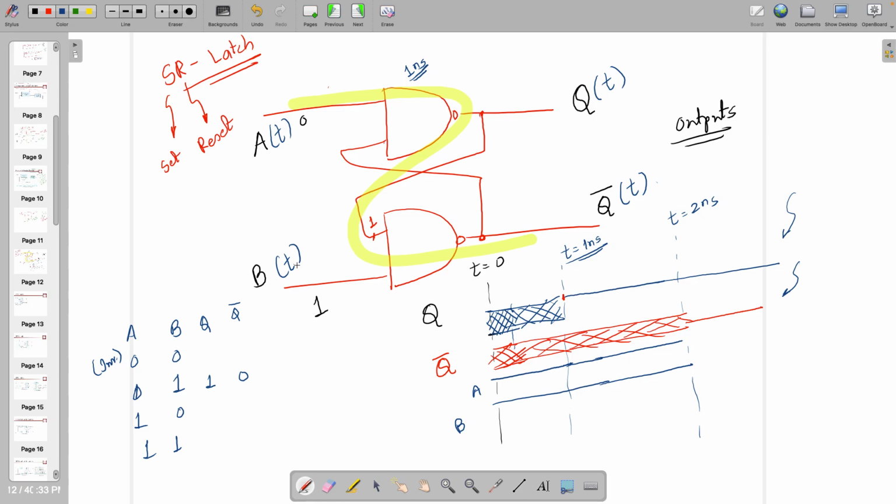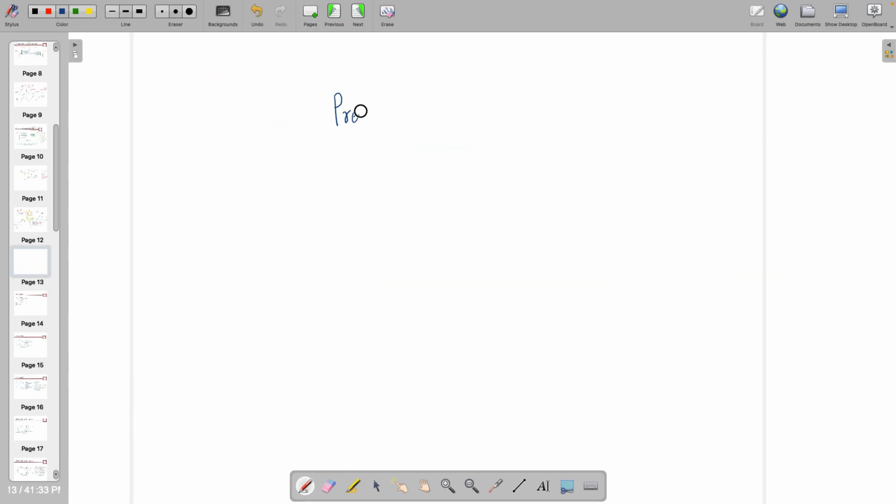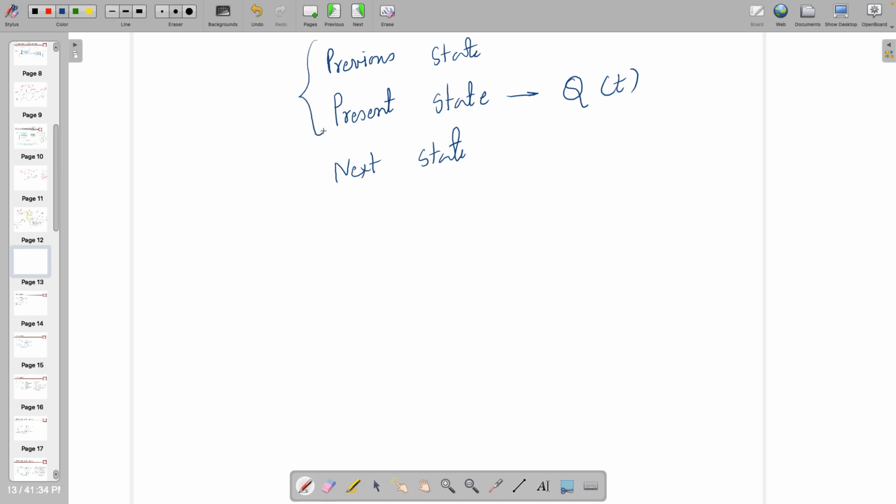And Q of t generally is known as the present state, because there are actually 3 states: previous state, present state and next state. Do you agree? So generally the present state is Q of t, and for the previous state you are also going to denote the same thing, but you are going to know that it's the previous state.